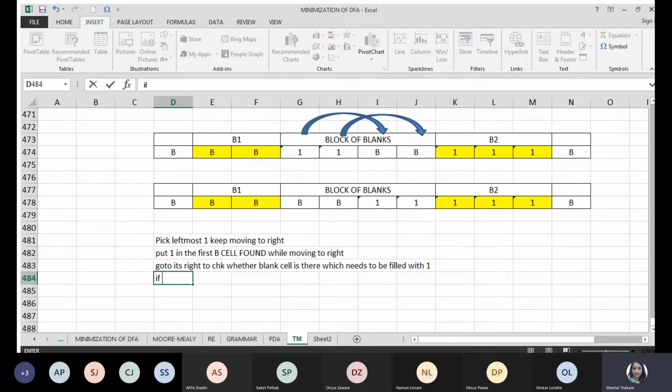If B is there, keep moving to left to pick the leftmost one and so on.